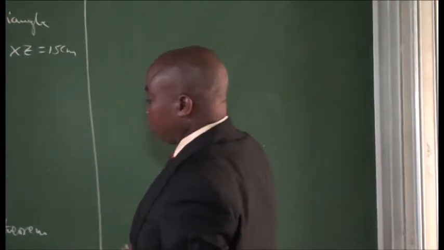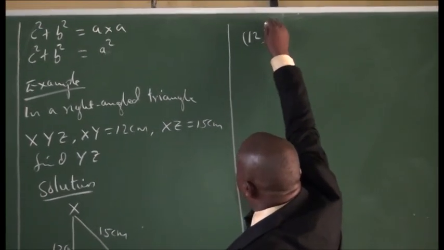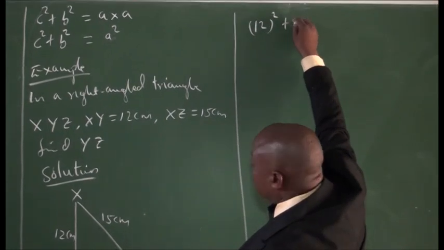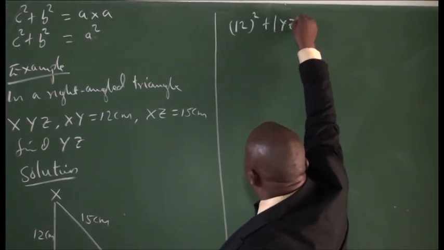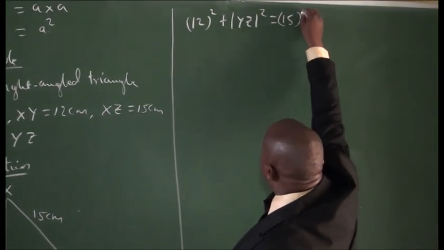All right, so that means XY, which is 12, square plus YZ square will be equal to 15 square.